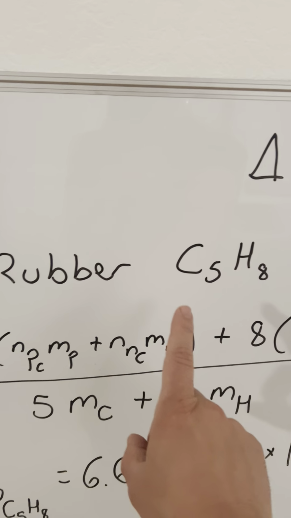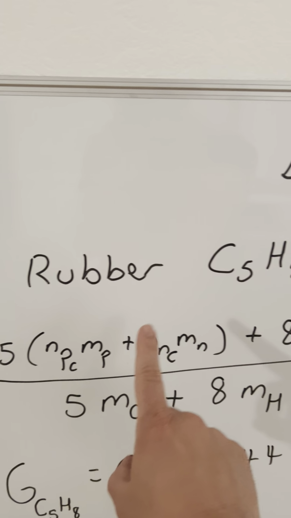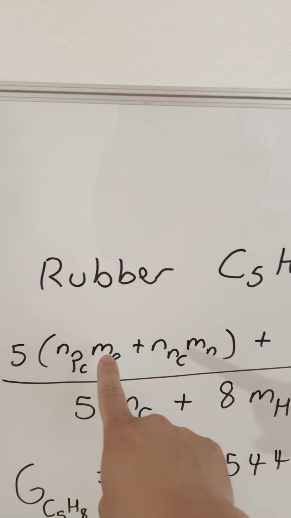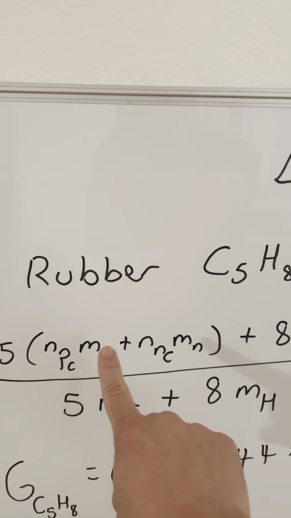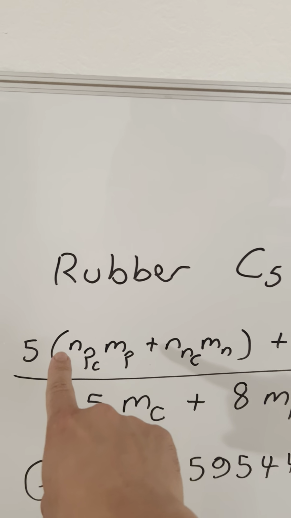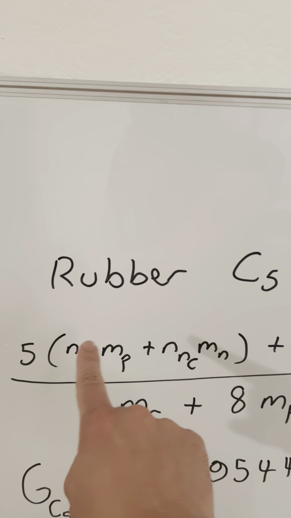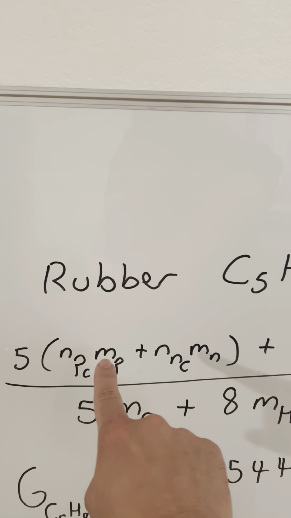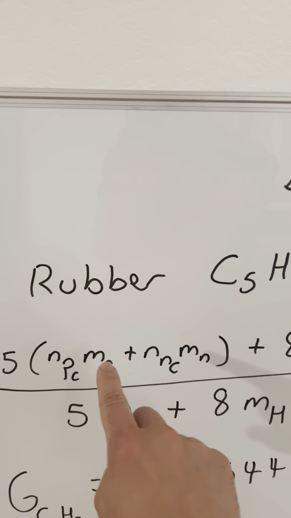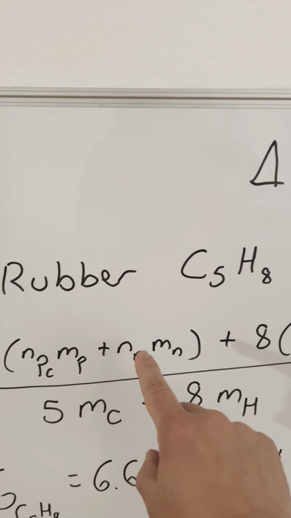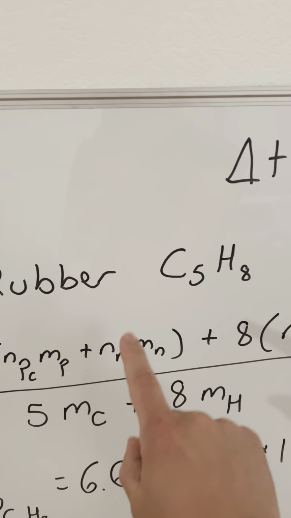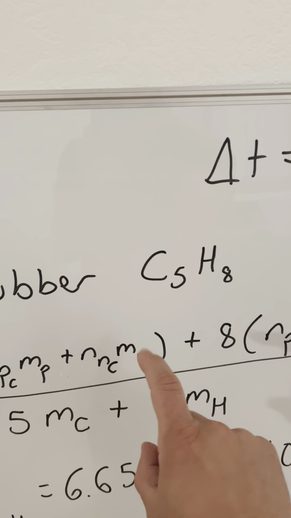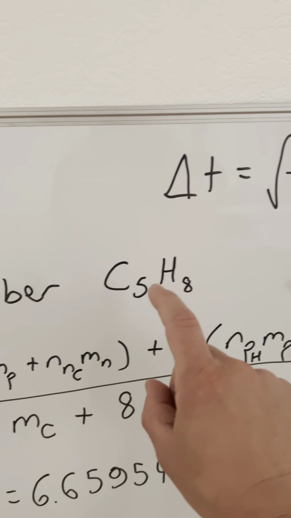So here we have 5 times the gravitational mass of carbon, which is here the number of protons in carbon multiplied by the mass of the proton in atomic units, and added to that the number of neutrons in carbon times the mass of the neutron in atomic units.